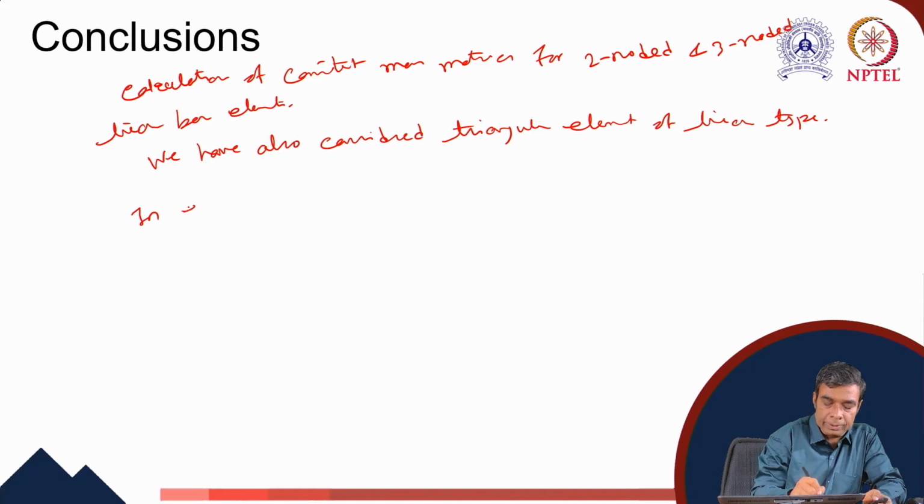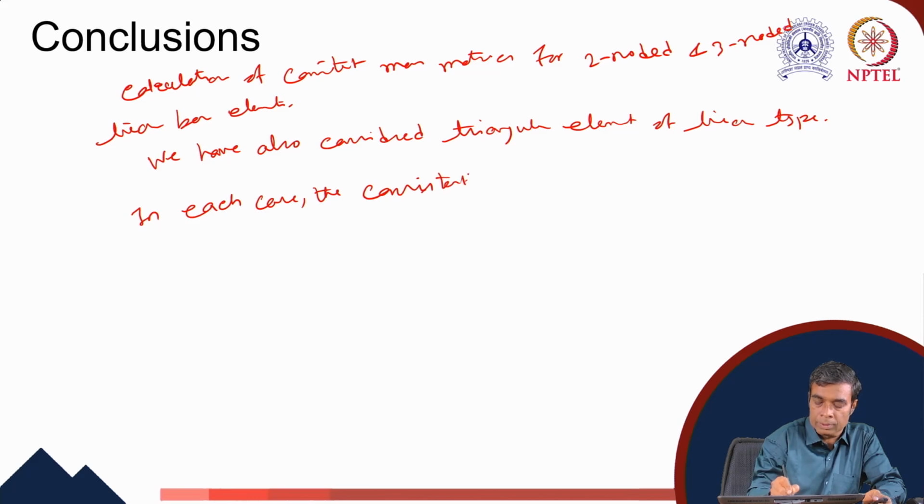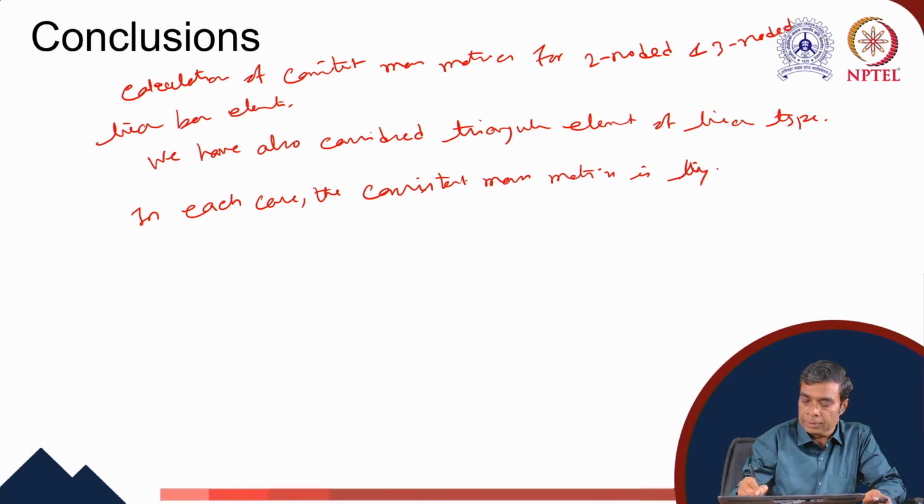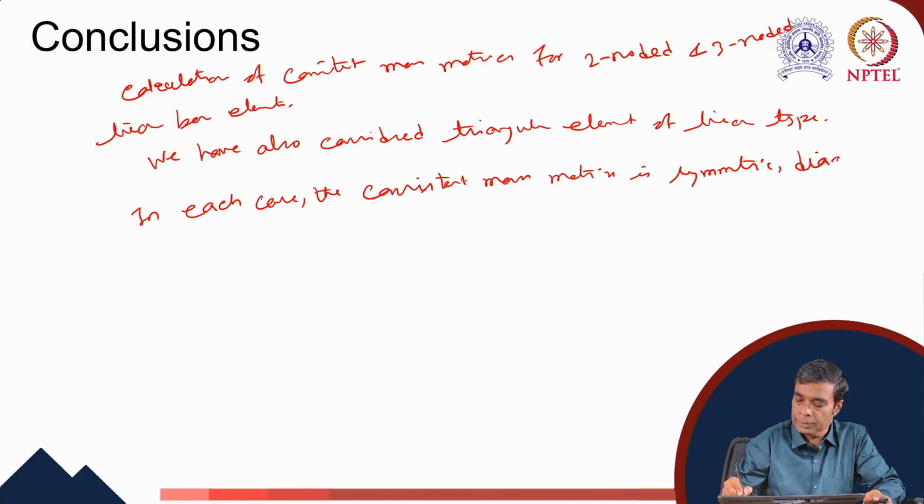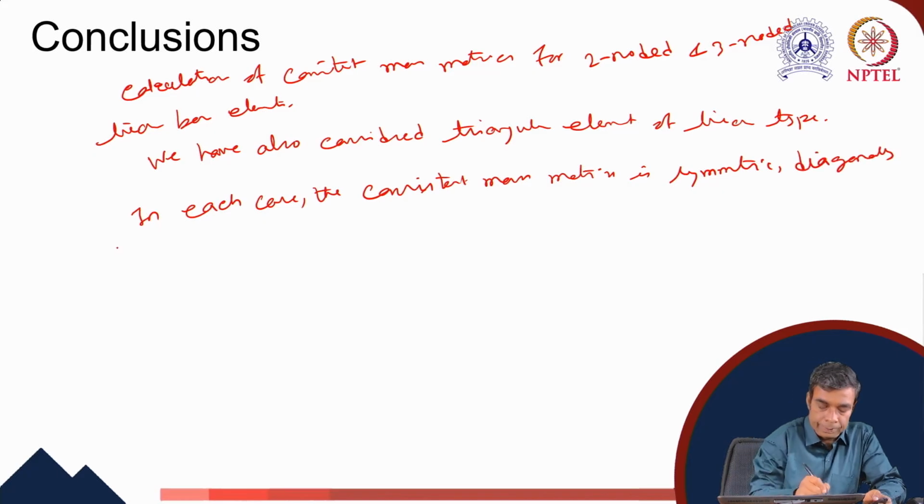In each case, the consistent mass matrix is symmetric, diagonally dominant, positive definite, and certainly linearly independent.